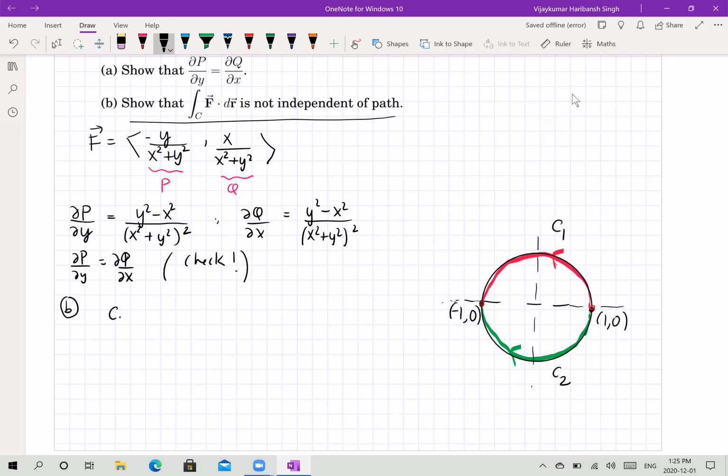So C1 is going to be given by x equals cos t, y equals sine t. Same parameterization for the circle, but only halfway, so 0 to pi.